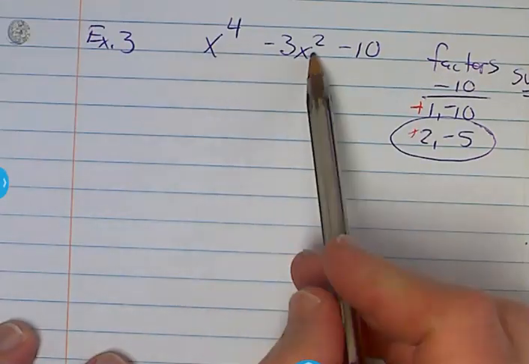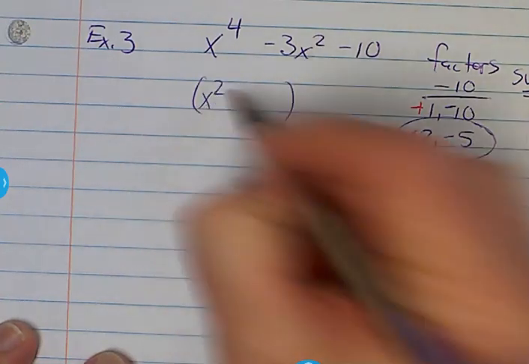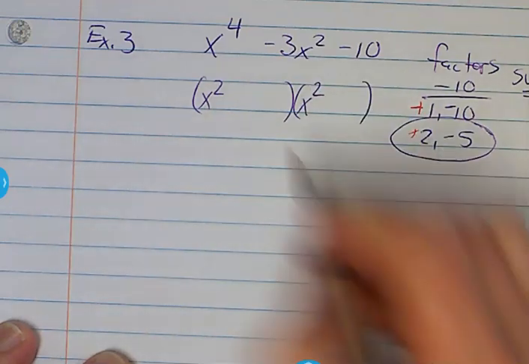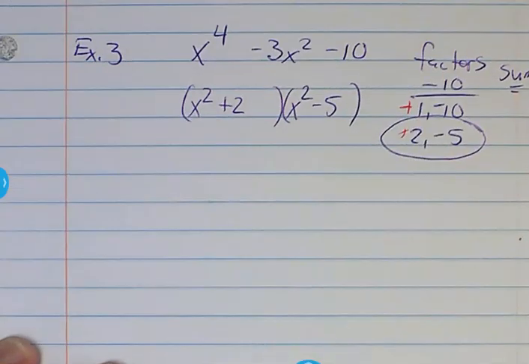If we've got x to the fourth and x squared, when we factor this one, whatever this middle power is, we're just going to use that power of x. So it's going to be x squared, and we're going to have a plus 2 and a minus 5. Sorry, kind of crooked there.